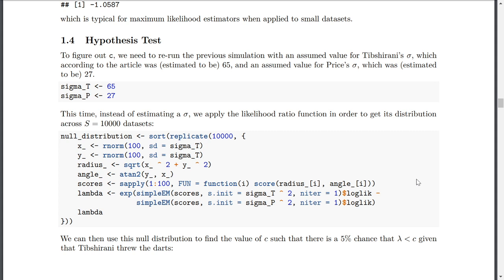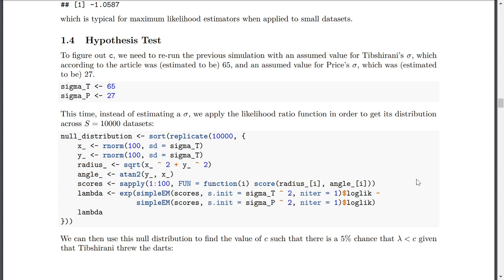And to do that, you need to figure out what is the distribution of the likelihood ratio statistic under the hypothesis that these were thrown by Tibshirani and they used 65 as the standard deviation. I did not get a lot of questions about this on CampusWire, which probably means you screwed it up.